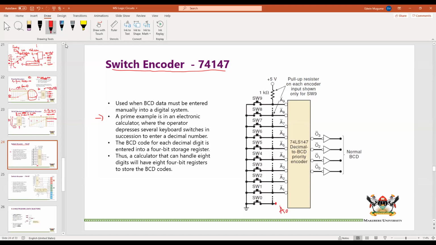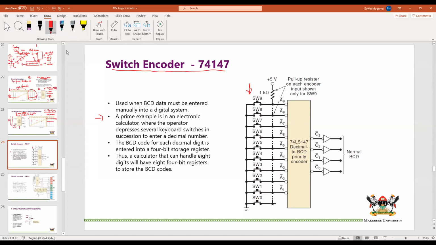Now these switches, you can see you have 9 switches from 0 all the way to 9, so in fact, they are 10. But this one essentially may not mean much, because even if you press it, it connects this to ground. There is no connection here. So let us ignore that for now.